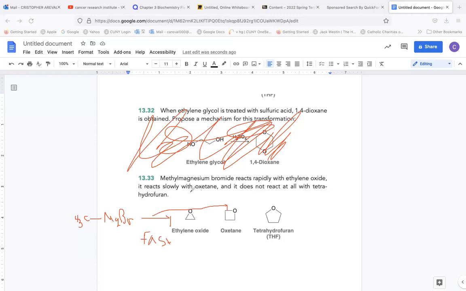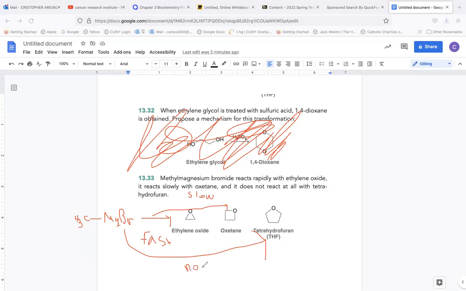These questions are for real, something he might ask, because he takes problems from here and kind of rewords them. So it's important to do these problem set problems. And then it says that with this over here, it does not react at all.